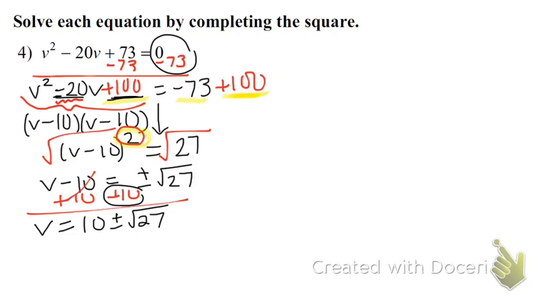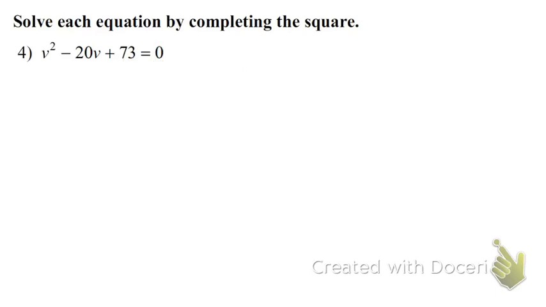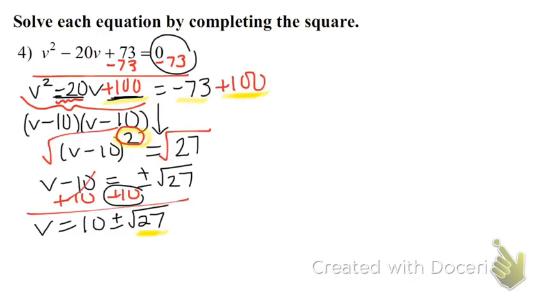Okay, now that is often the end of the problem, but we always have to check. Notice underneath this radical, the 27 can be broken down, so I do need to take this one a little bit further. So, back to the square root of 27, we do have to break that one down.